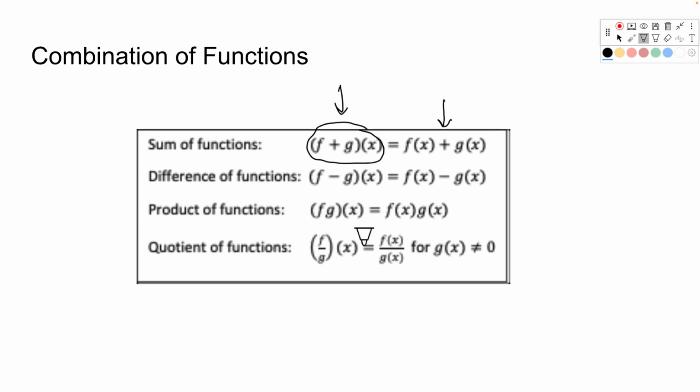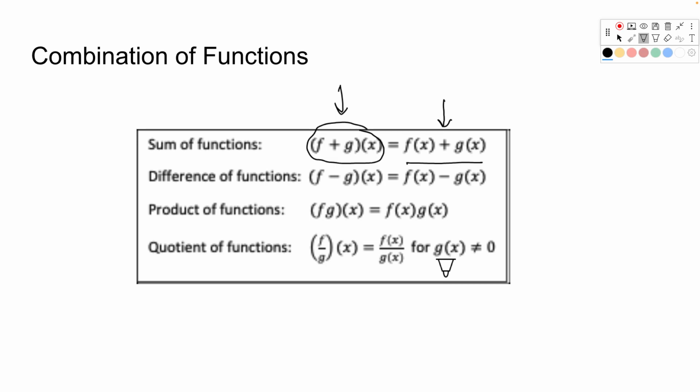But when we write it like this side over here, typically we have fewer problems. So we could use either notation, but if the problem has it set up with this f plus g of x notation, the first thing I do is translate it over to this notation over here. And again, what I see is people keep multiplying by x if we use this side.